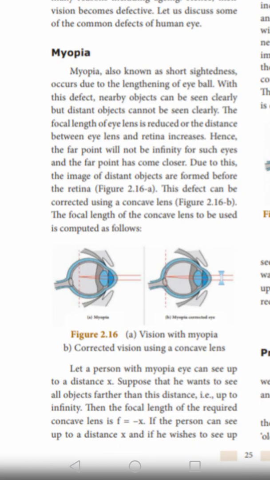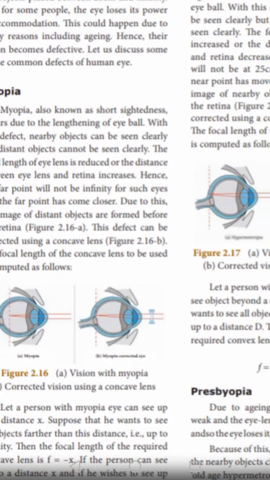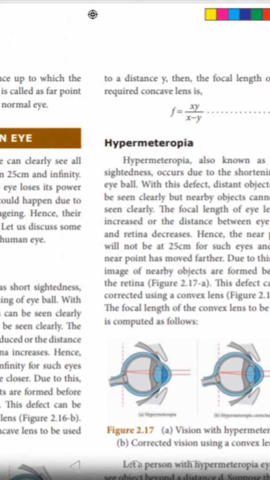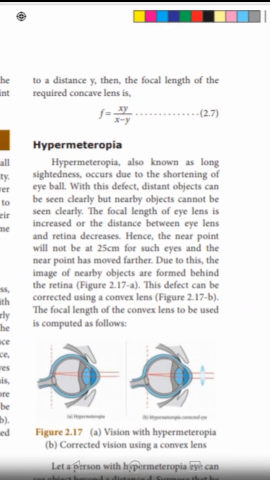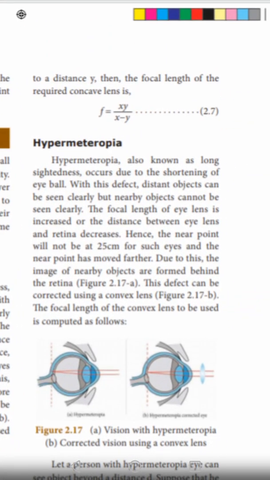Then the focal length of the required concave lens is f = -x. If the person can see up to a distance x and he wishes to see up to a distance y, then the focal length of the required concave lens is f = xy/(x - y).